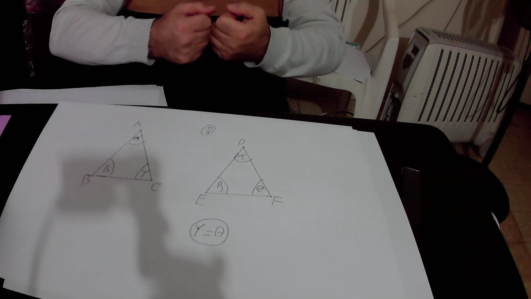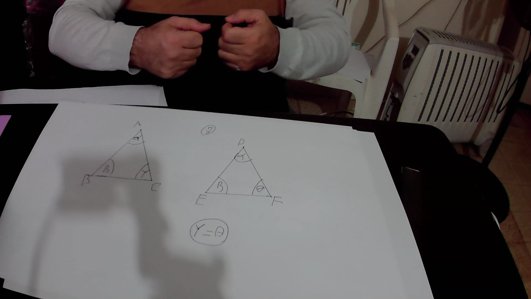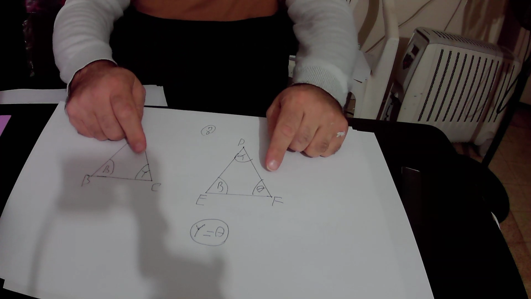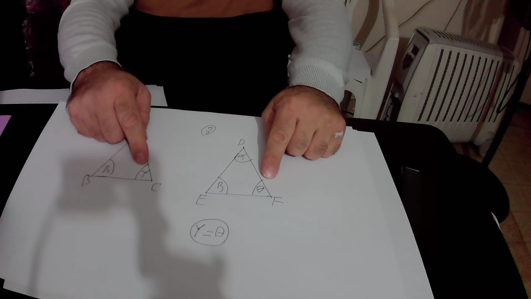So whenever we have two triangles that have two equal angles, then the third pair of angles must also be equal to each other. That is to say, angle theta equals angle gamma according to the third angle theorem.